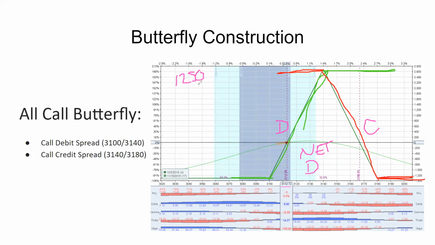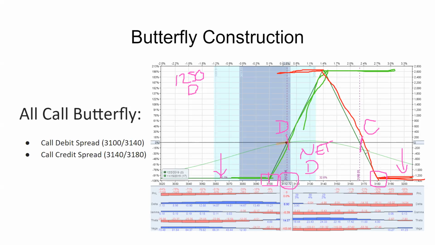So 1250, which is a debit, to put this trade on, that's the most that this butterfly can lose if the price of the underlying security, in this case SPX, is below 3100 at expiration or above 3180 on expiration.